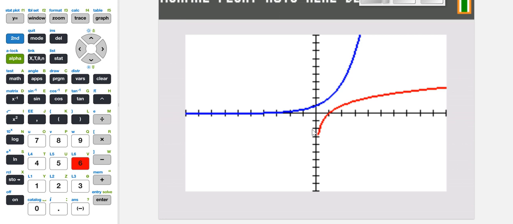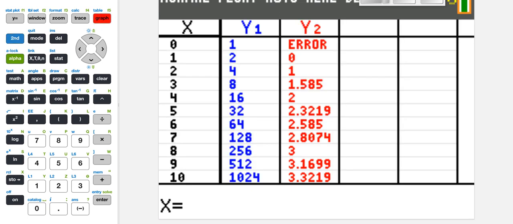So you tend to think that there might be a horizontal asymptote. No, it goes all the way down if you check out the table of values for the red graph. If you change the setting, you will, well, let's do this.